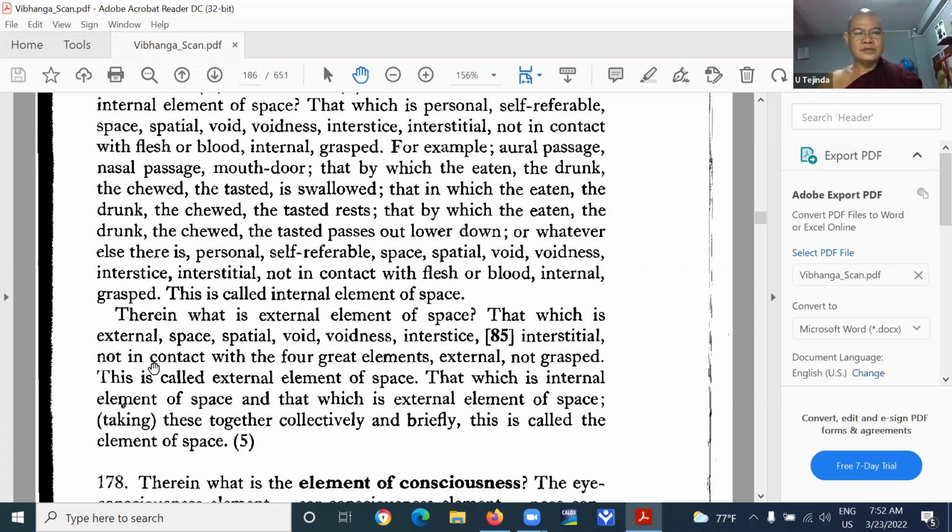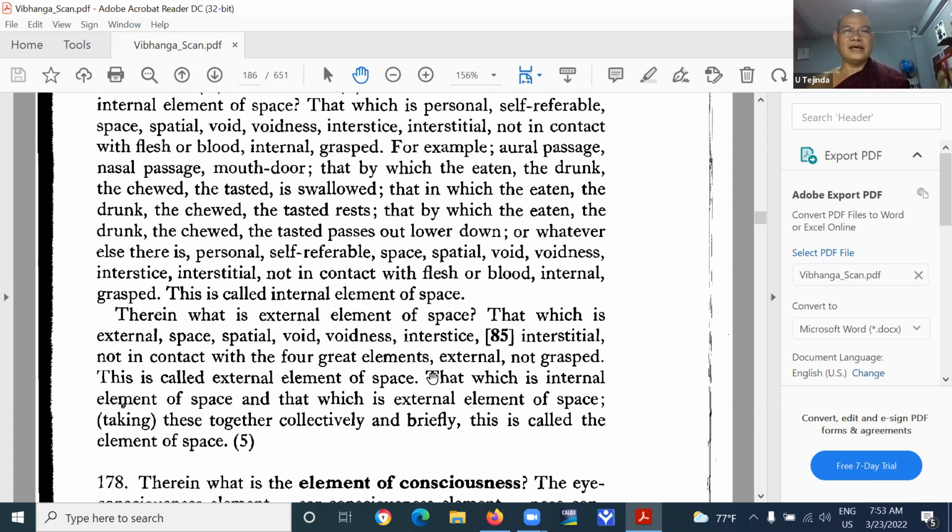So which is external space, special, white, oneness. It has tissue, not in contact with the 4 great elements. Not in contact, which is not in contact with the 4 great elements. So any space which is not in contact with the 4 great elements, because everything you see, 4 great elements are there.